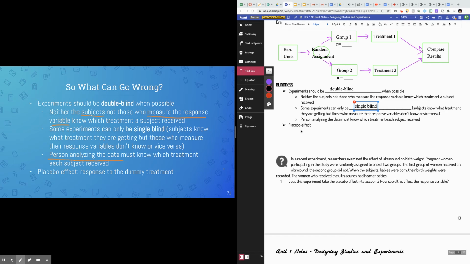And then the other term on here that you all may have heard before is the placebo effect, okay? The statistical definition of that is the response to the dummy treatment. The dummy treatment is like the control treatment or the control group, right? So if, for example, you're participating in a medical study and they want to put you in the control group, they're not just going to give you no medicine, right?